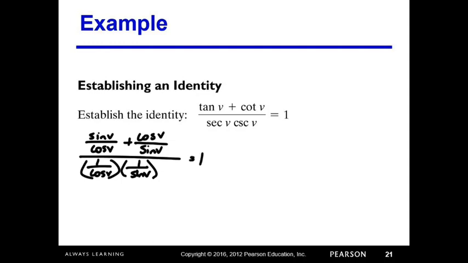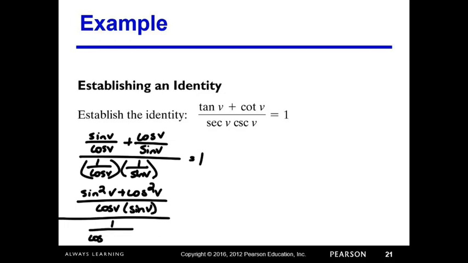All right, common denominator. In the numerator, you end up with sine squared v plus cosine squared v over cosine v sine v. And all of that's over 1 over cosine v sine v. So when I invert and multiply, the denominators are going to cancel each other out. Sine squared plus cosine squared is 1.